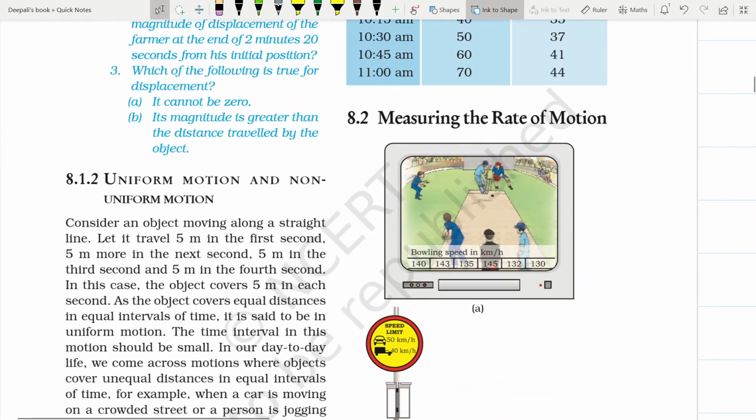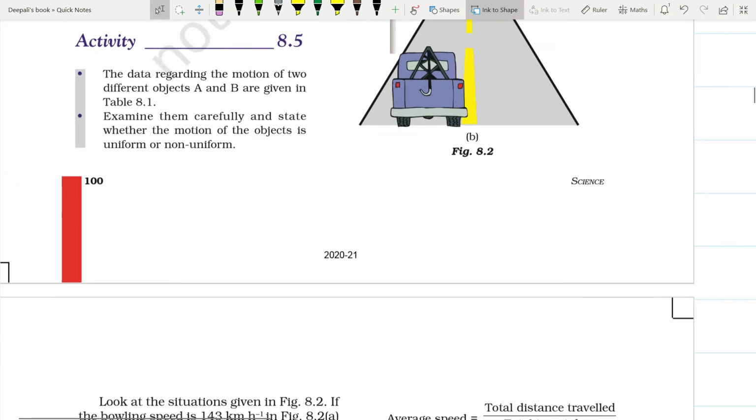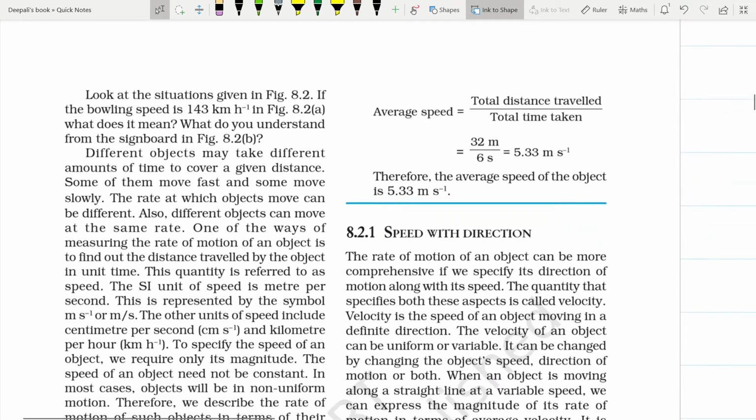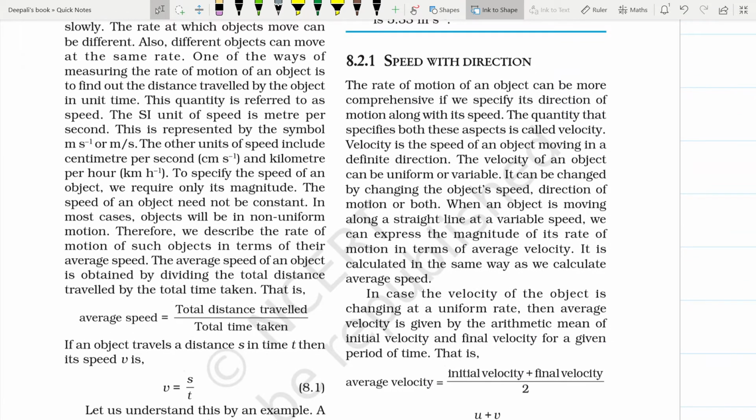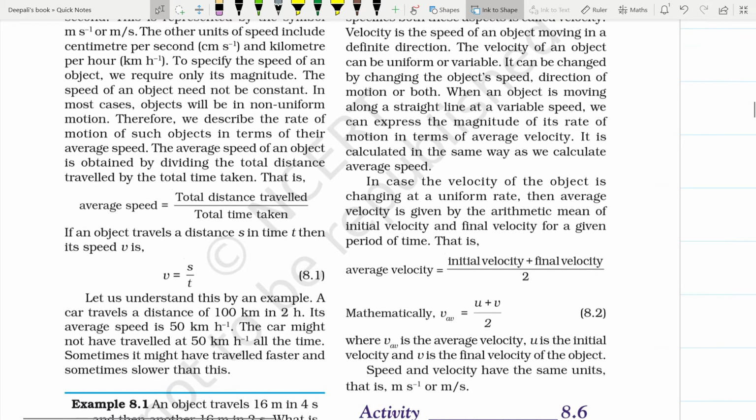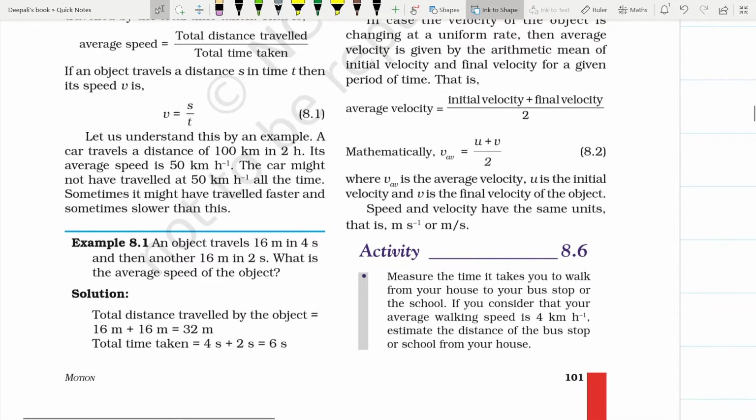We are going to study today the next topic related to motion, that is, rate of change of velocity. In the previous session, we studied what is velocity. We know that when speed is associated with direction, it is called velocity, and velocity is displacement upon time.